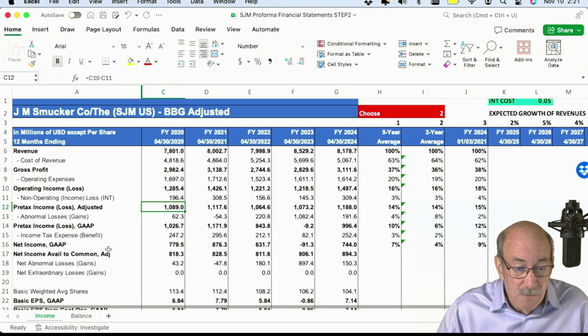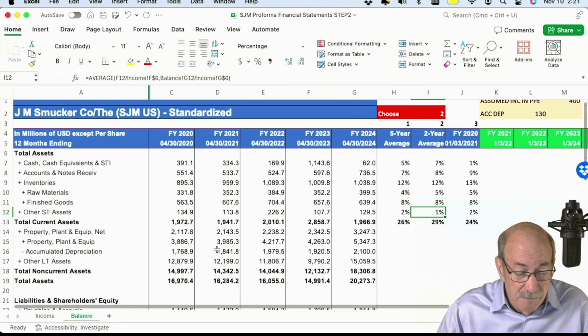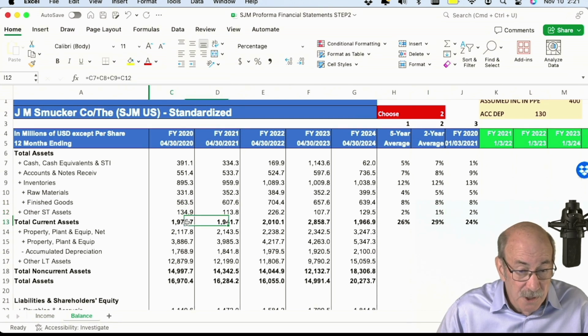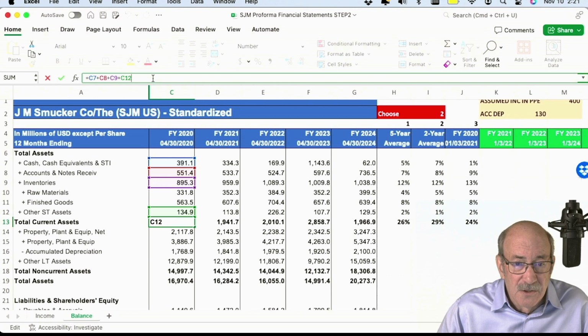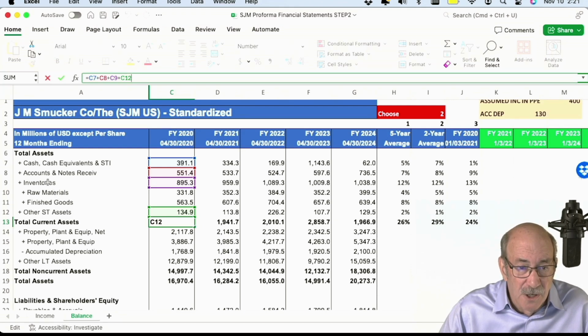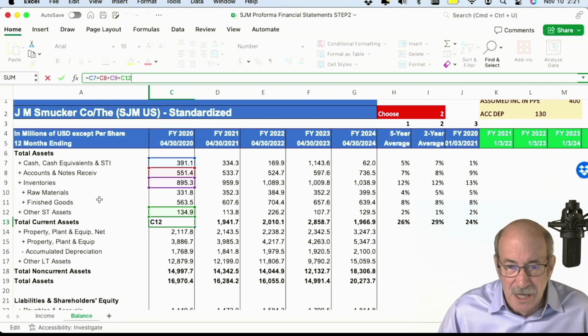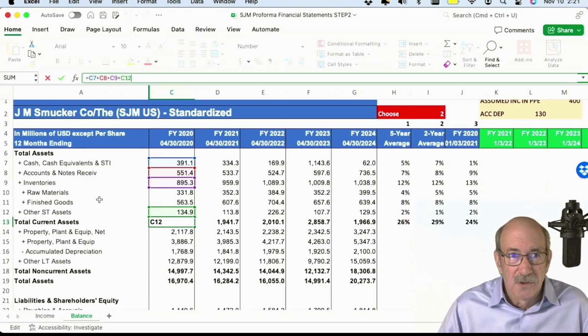I've done the same thing on all of the balance sheet accounts. So when you look at current assets, it is a subtotal. Now, I happen to have left in here the sub accounts under inventory, not because I needed it, but I thought at some point maybe I'd want to adjust it.